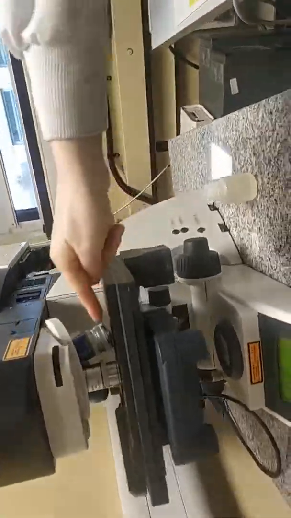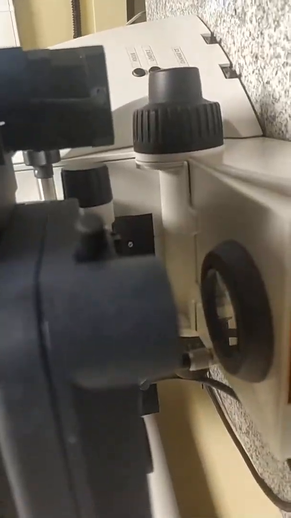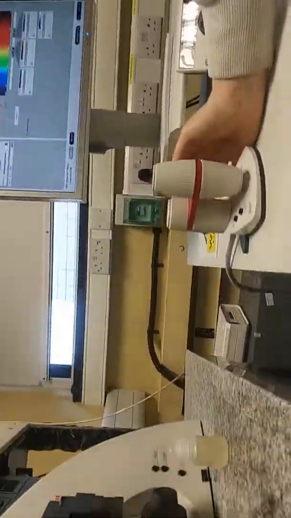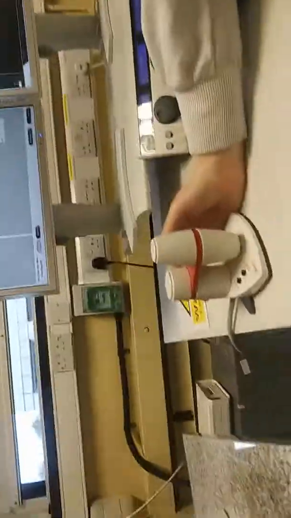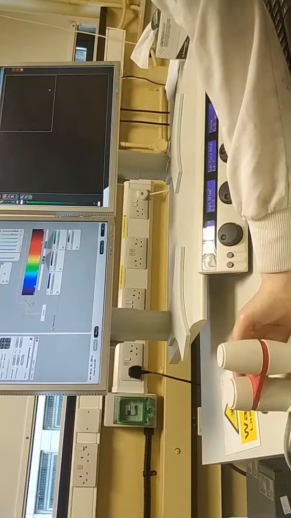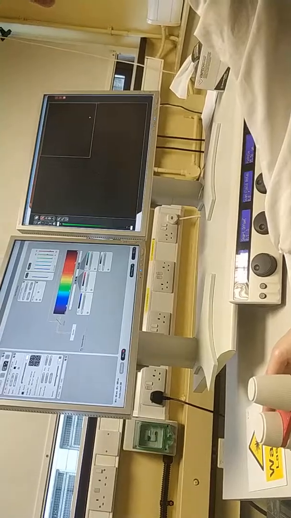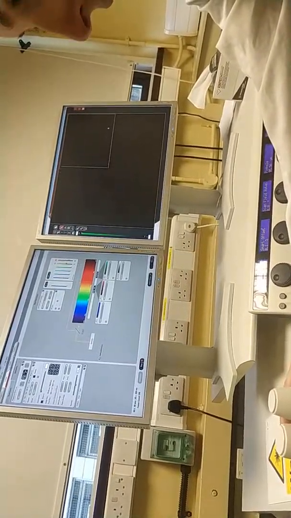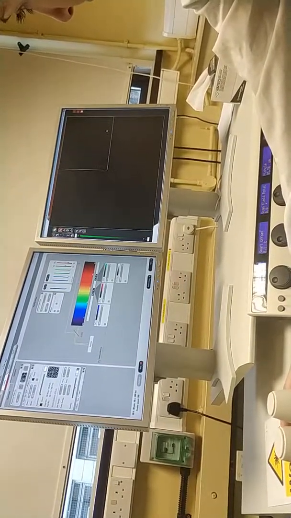And the objective should be in contact with the oil. Can you see that? Yeah, I can see it here. And then, once more, adjust the focus. Come down until you find some fluorescence.